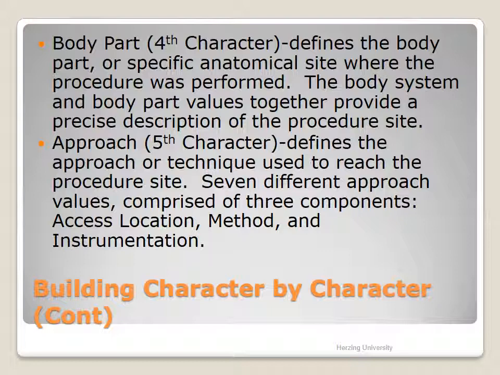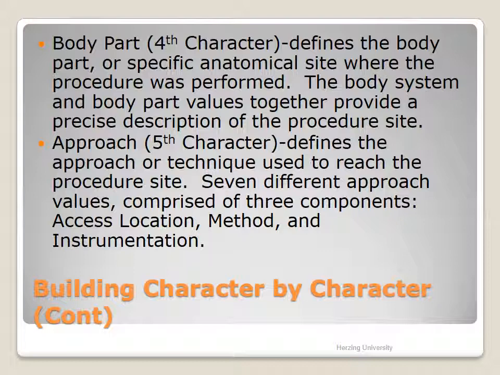Continuing on building an ICD-10 PCS code, the fourth character is body part, and this defines the body part or specific anatomical site where the procedure was performed. The body system and body part values together provide a precise description of the procedure site.